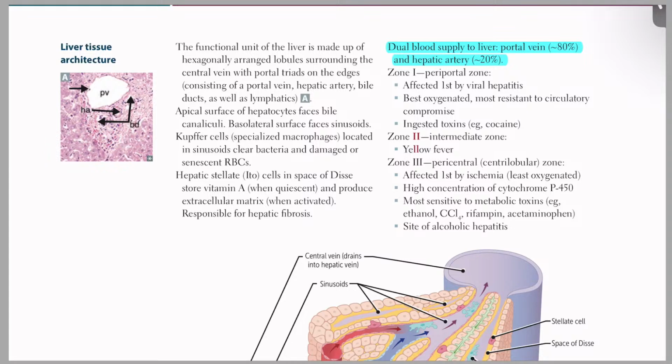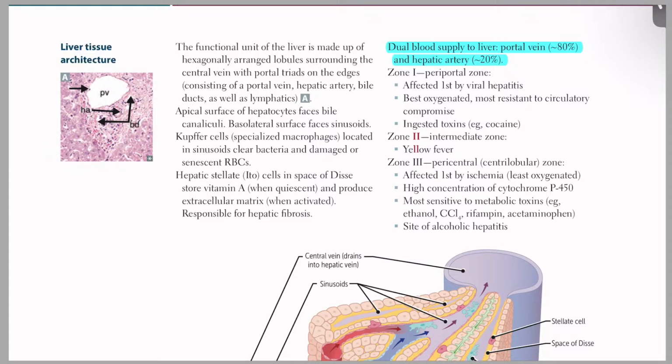Dual blood supply to liver: portal vein approximately 80% and hepatic artery approximately 20%. Zone 1, peripheral zone: affected first by viral hepatitis, best oxygenated, most resistant to circulatory compromise; ingested toxins, that is cocaine. Zone 2, intermediate zone: yellow fever.